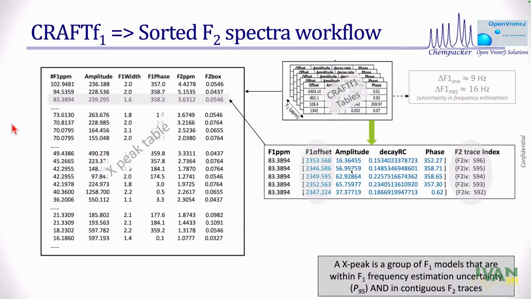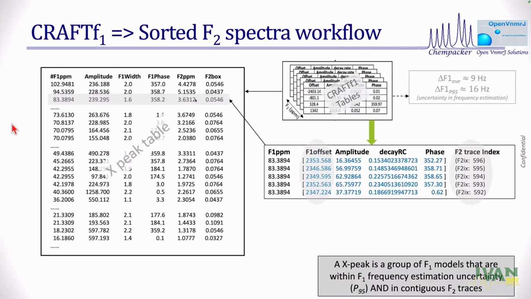Or you can say this is a set of models I can't resolve within the uncertainty that I have. When I have that, I can take that set of models and say, that's a cross peak, that's a tag, if you may, the weighted average of the F1 chemical shift from these models. And then this is my F2 trace. I generate a cross peak.